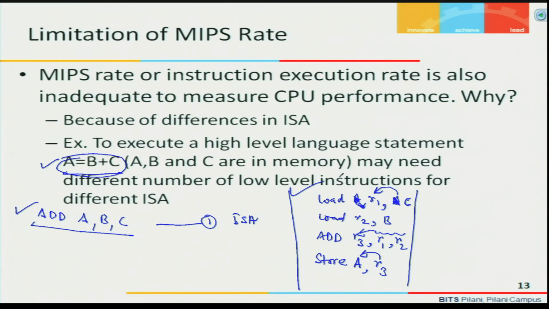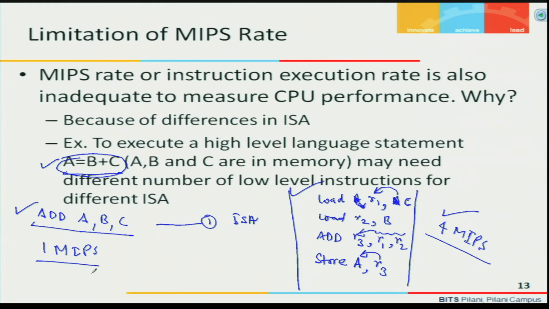So in terms of MIPS rate, I will say the rating of this processor is 1 MIPS, and the rating of that processor is 4 MIPS. The MIPS rate of that processor is higher, but they take the same amount of time to execute this, which means performance wise both are the same, execution rate wise both are the same, but the MIPS rates are different.